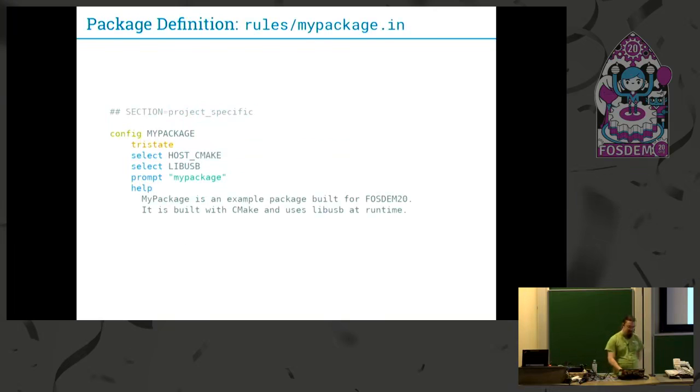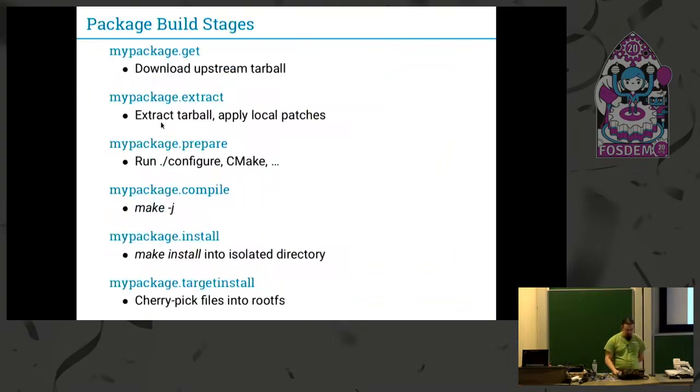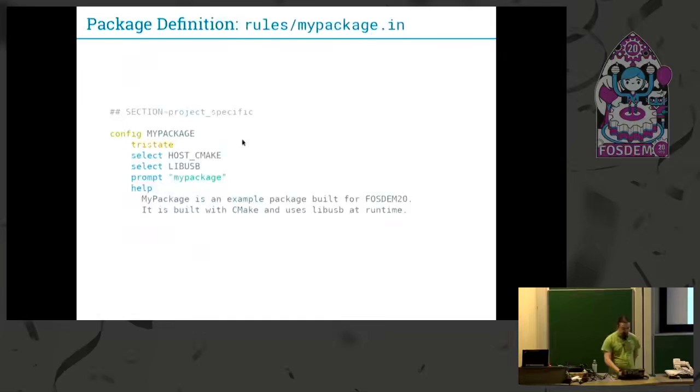This is basically the menu section for the package. You just give a section in which of these you want to have it. Project specific is the default section, which is just here. And then you select basically the dependencies that your package uses, like in this case libusb.